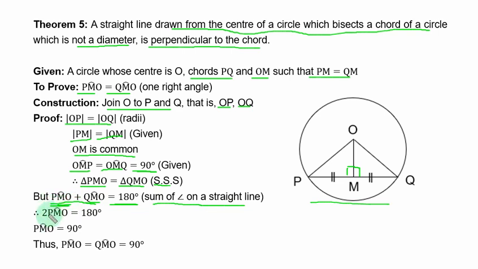Whichever way, when you add, you have it in this form. Divide through by 2, and you have angle PMO equal to 90 degrees. Thus, angle PMO is equal to angle QMO, both angles are equal to 90 degrees respectively.